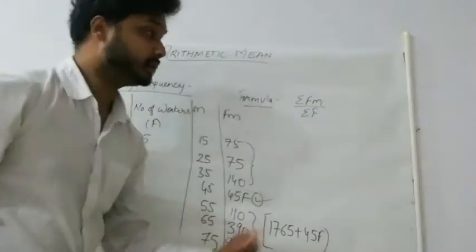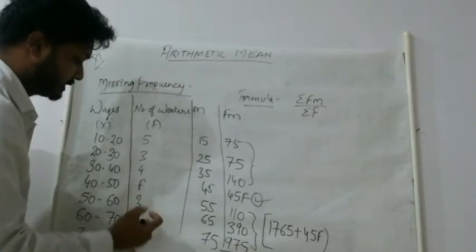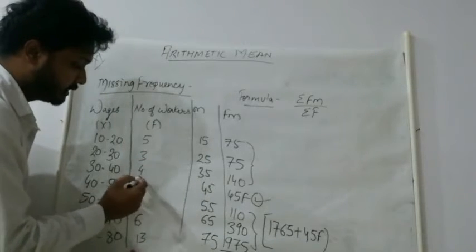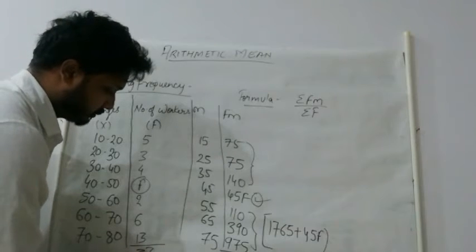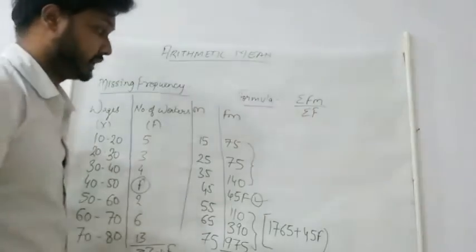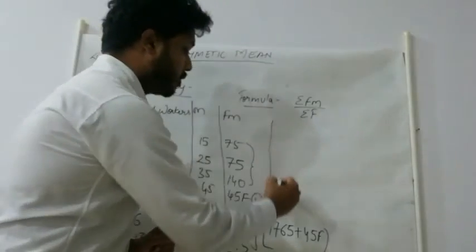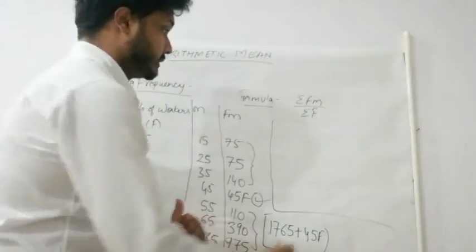Summation of f, we need the addition of frequency also. So we will add all these numbers. 5 plus 3 plus 4, here it will be f, then 2, 6, 13. Okay, it will come to 33 plus f will write separately. Now all the values we have got, we have to put in the formula and we will get the answer.